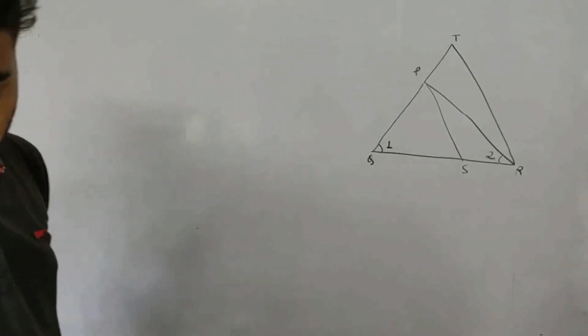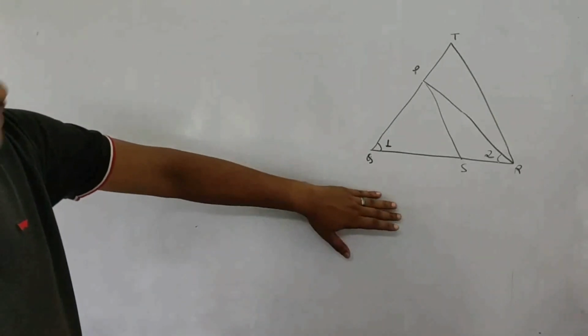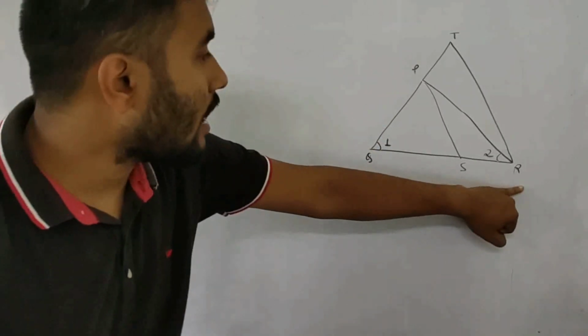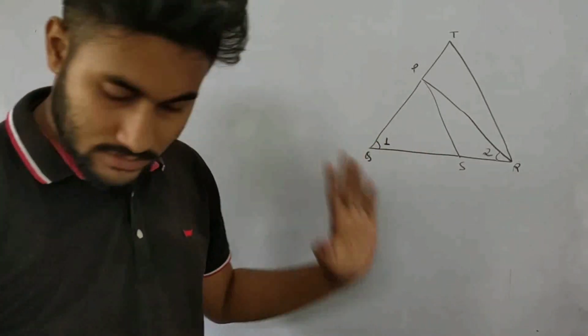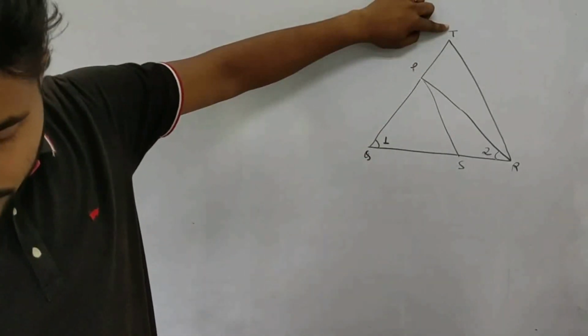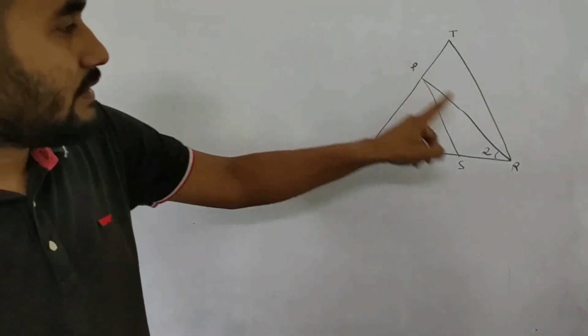So question number 4. What is given, you write in the figure 6.36: QR by QS, QT by PR, it is given.